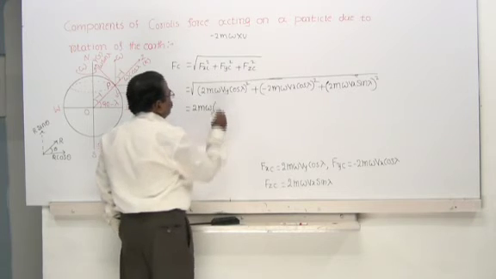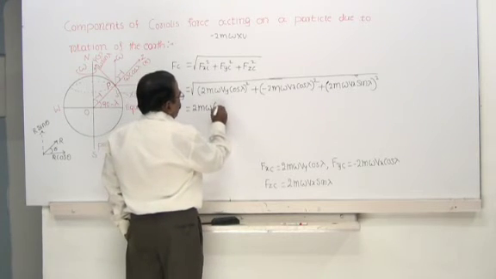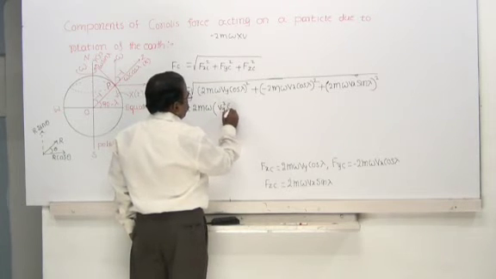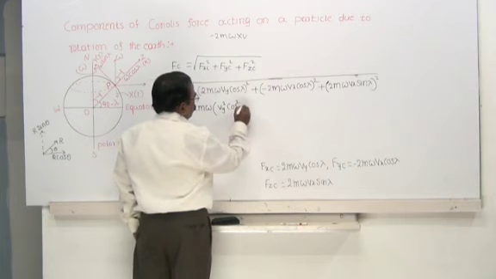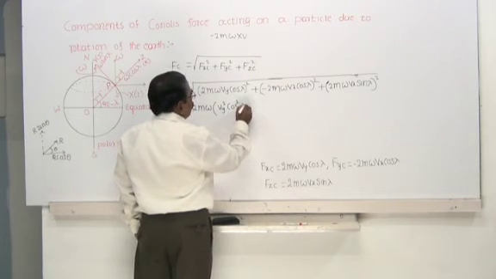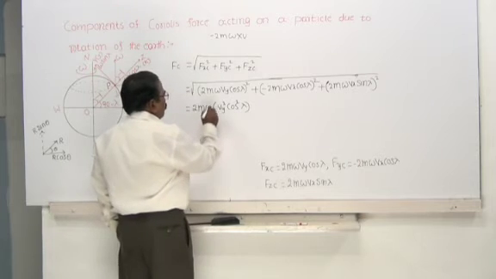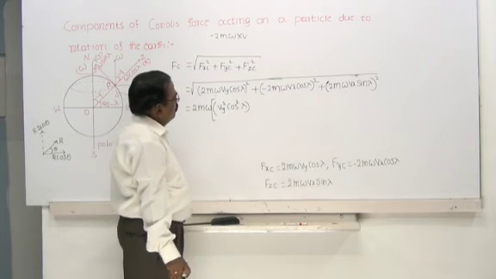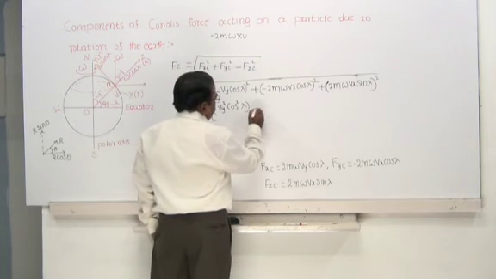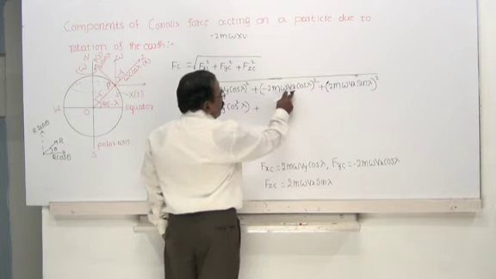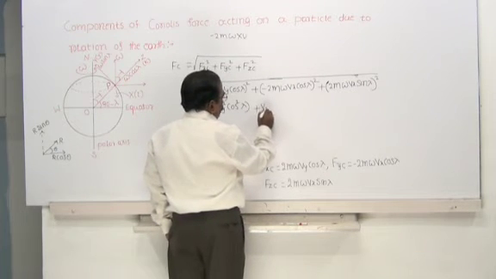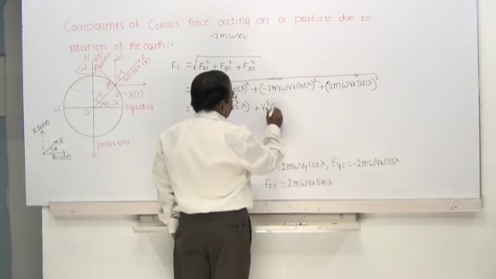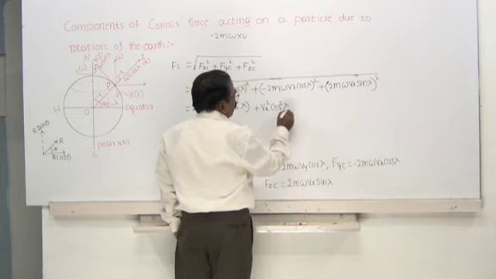Inside the bracket, Vy square cos square lambda, of course, into this square. Then plus Vx square cos square lambda.